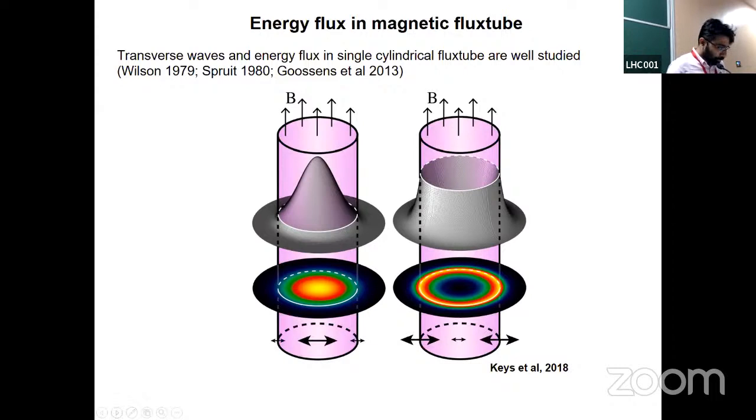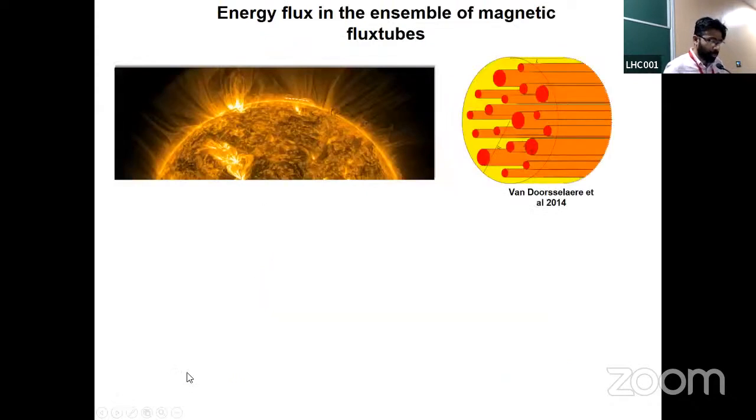And so this is for the single flux tube. And what happens if you have an ensemble of flux tubes? This exercise has also been done some time back. So you take an ensemble of flux tubes with different cross sections, and then you define an average cross section here. And you know that in the solar atmosphere we have flux tubes of different cross sections.